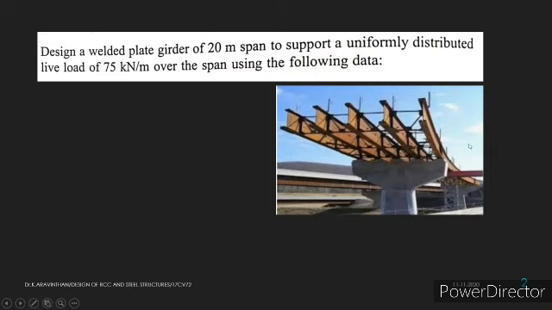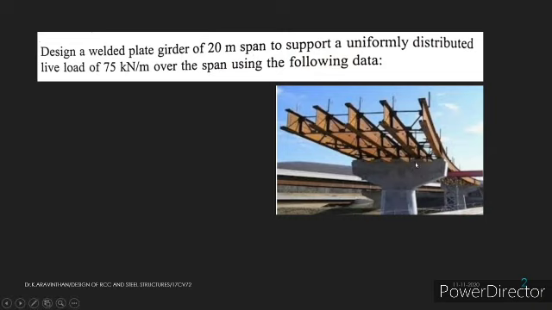So definitely the moving loads such as car, two-wheeler and other heavy vehicles will be passing over the bridge. So these loads will be transferred to each and every girder. So we have to first identify the load which is acting on a single girder, and then we will proceed for the design.